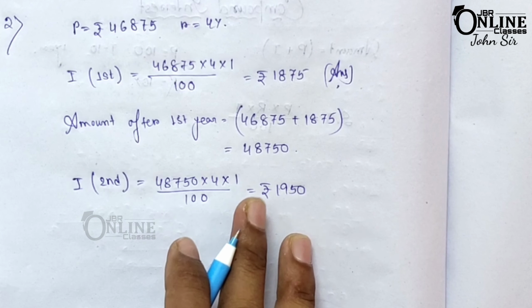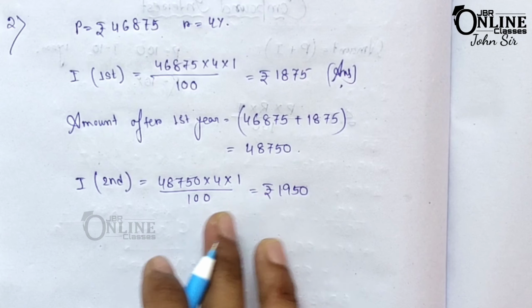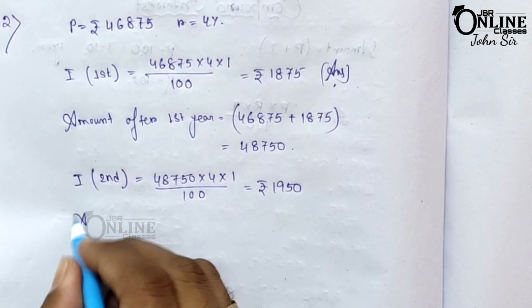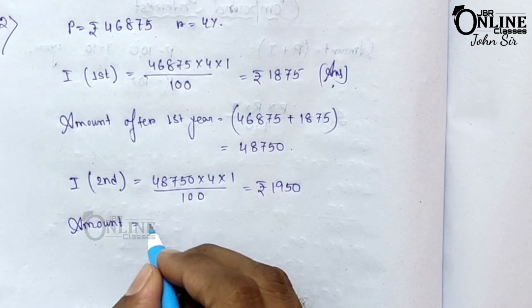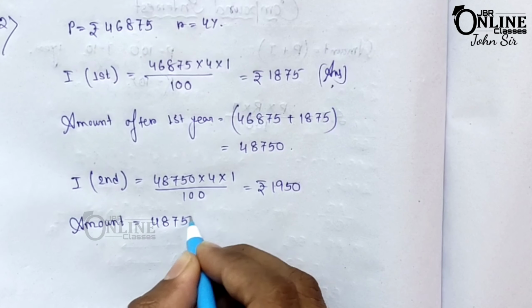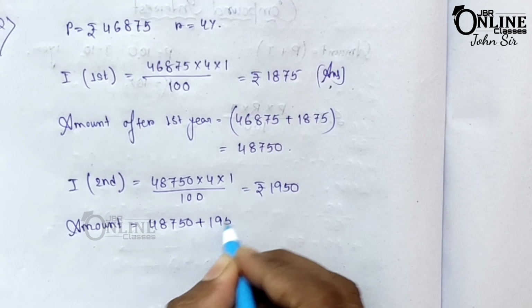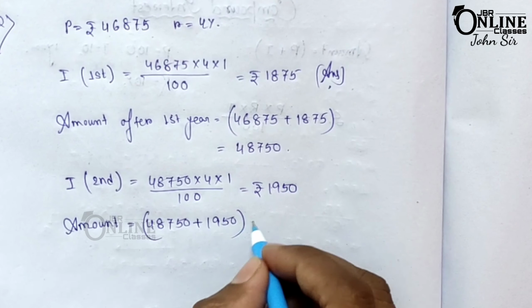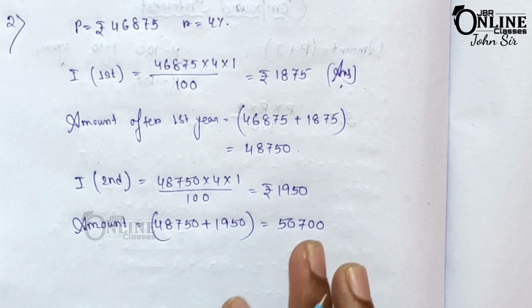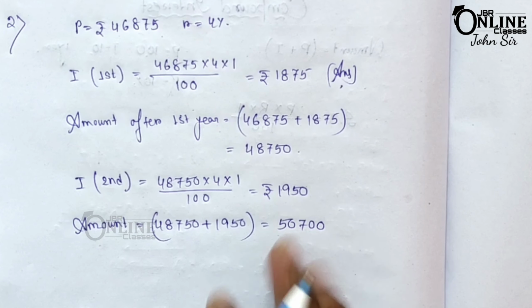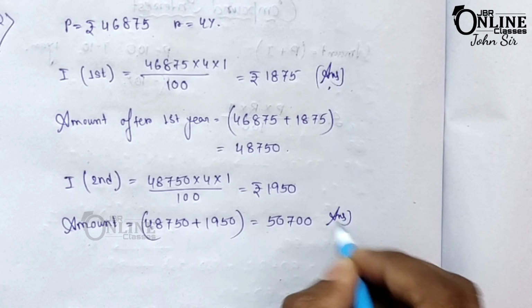So rupees 1950 is the interest for the second year. That means the amount after the second year equals 48750 plus 1950, which is 50700. That is the amount after the second year, and that is the second answer.